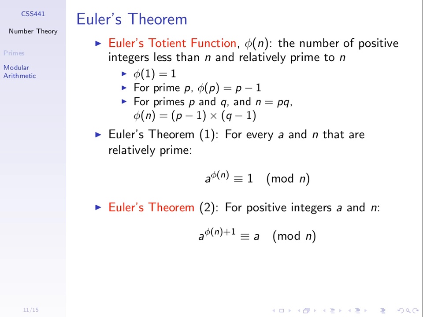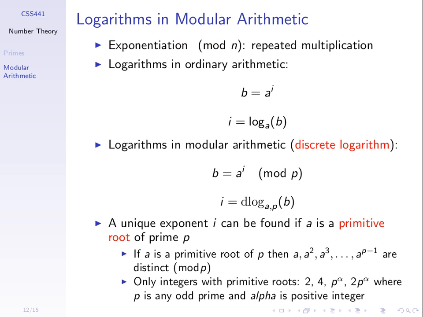Euler's theorem, we'll see some examples. Logarithms, we refer to as discrete logarithms. So that defines what we just did in those examples. The discrete log, base A, prime P, mod P of number B, the index, the exponent is I.